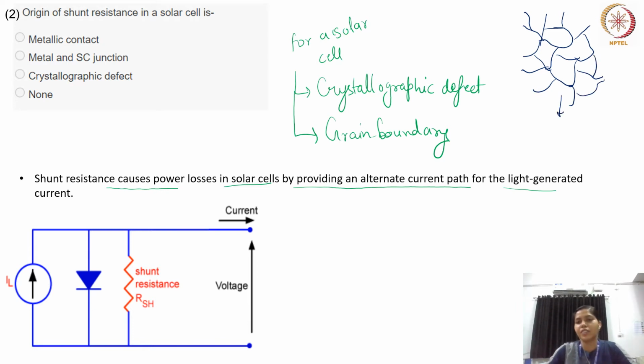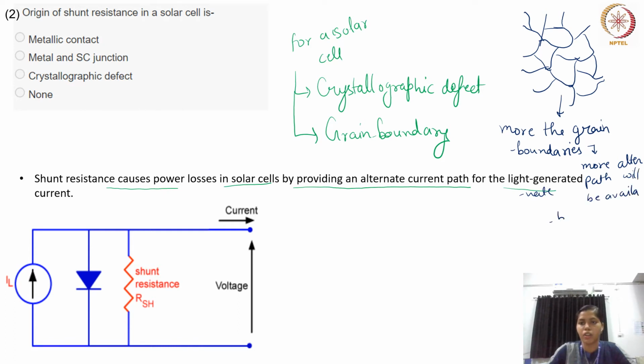It is very clear that the more grain boundaries, the more alternate paths will be available for charge carriers to flow.